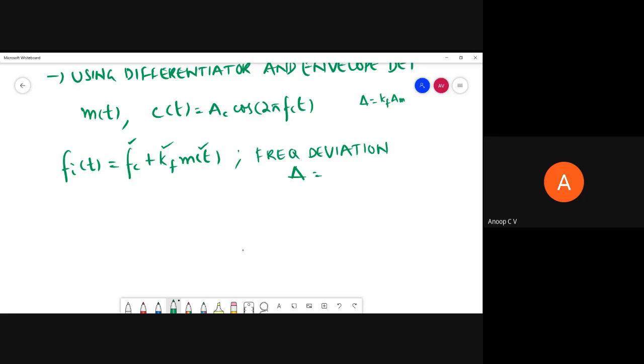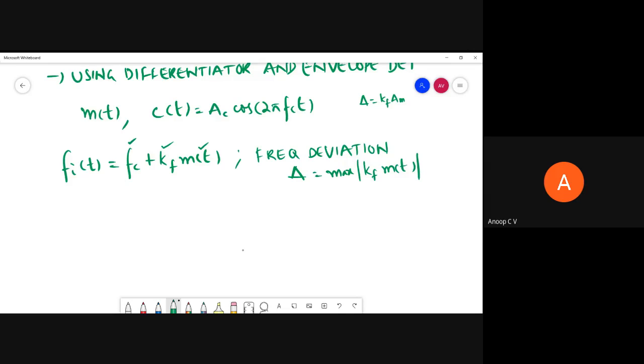But in this general case, what will be the frequency deviation? Frequency deviation is nothing but the maximum deviation in frequency with respect to fc. From fc, what is the maximum deviation in frequency this modulated signal can have? That is the maximum of the modulus of kf into m(t).